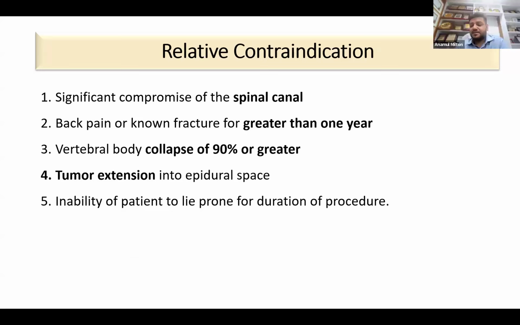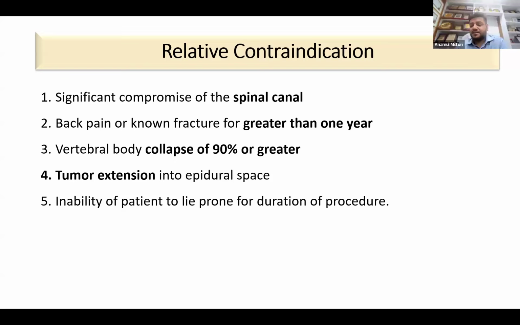Sometimes there are relative contraindications, like significant compression of the spinal canal, because if the spinal canal is already compromised, it may cause secondary obstruction or secondary compression of the spinal canal. The patient may get quadriplegia or sometimes paraplegia.